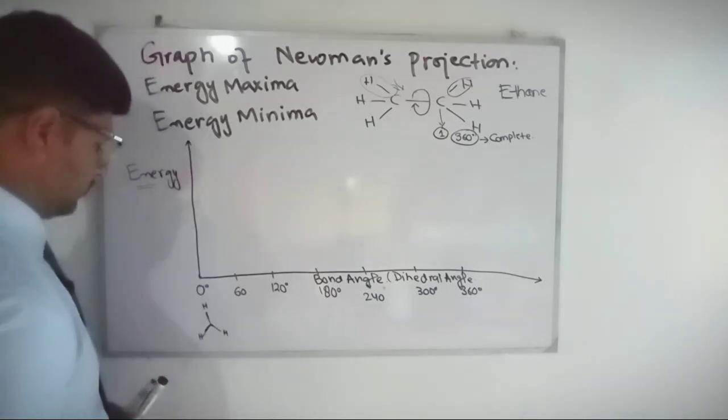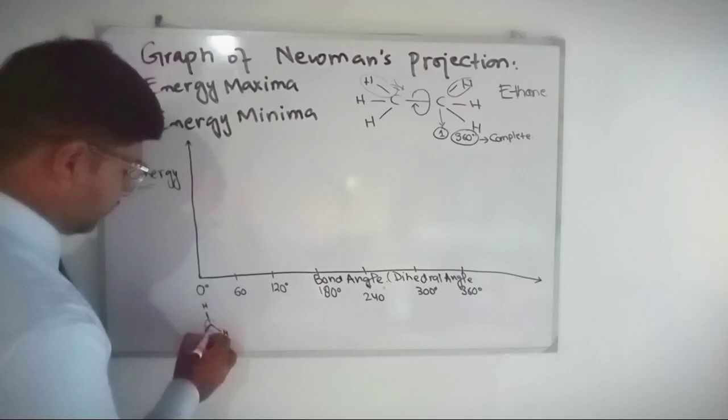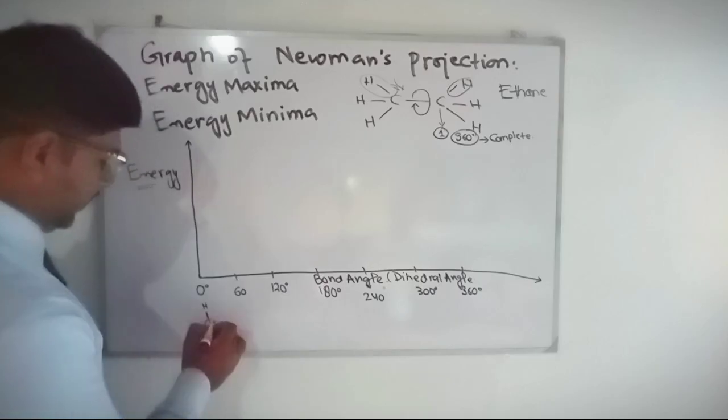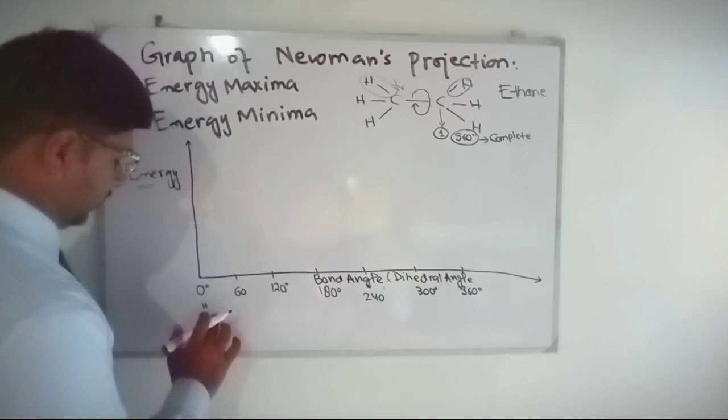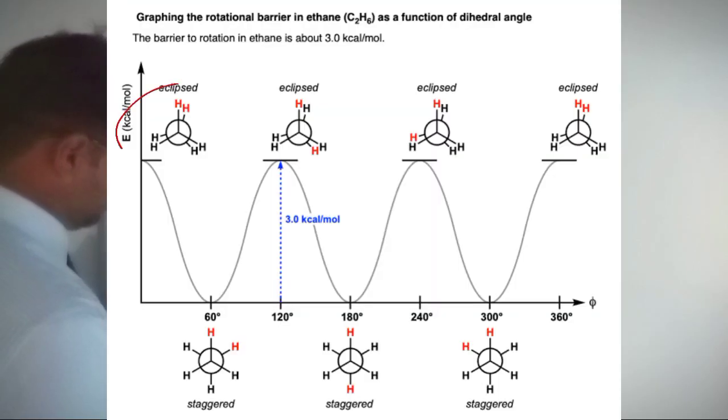while the back carbon is represented by a circle, and I am assuming that this particular conformation is eclipsed.